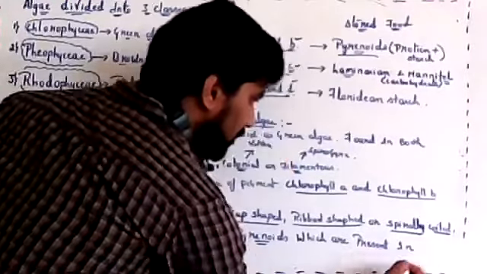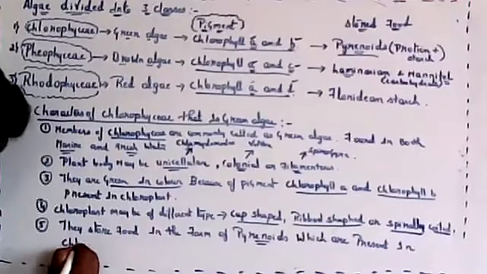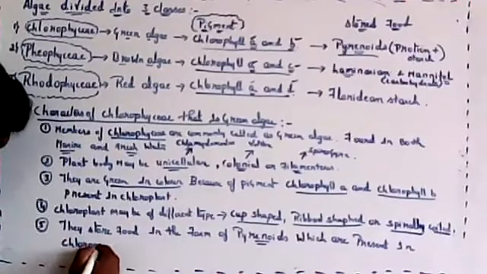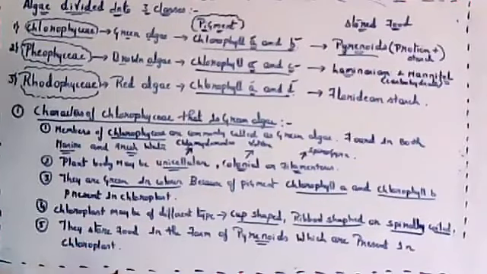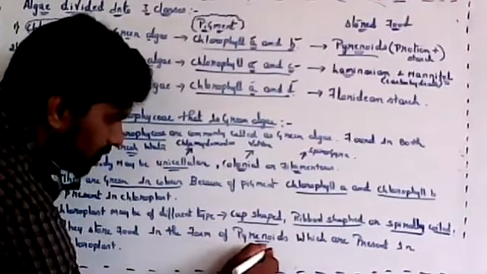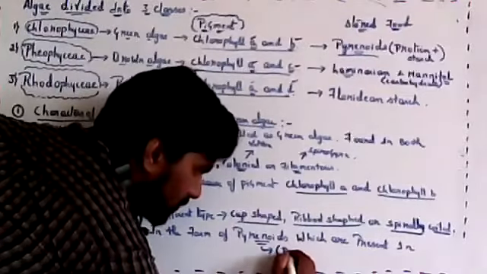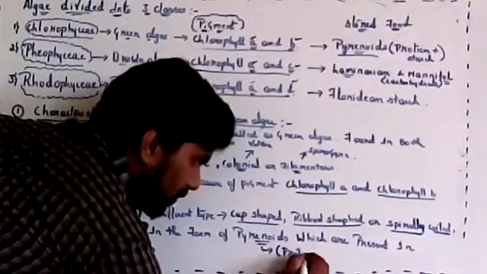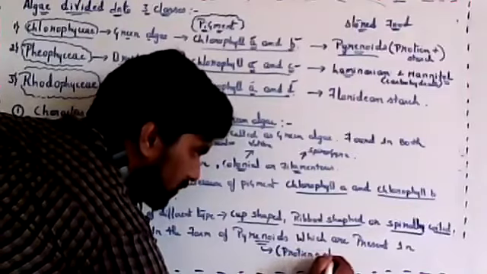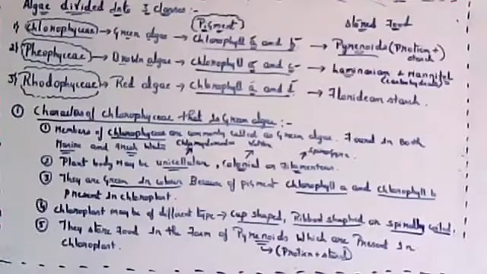So what are pyrenoids? A combination of protein and starch. Both protein plus starch is called pyrenoids. So stored food is in the form of pyrenoids.